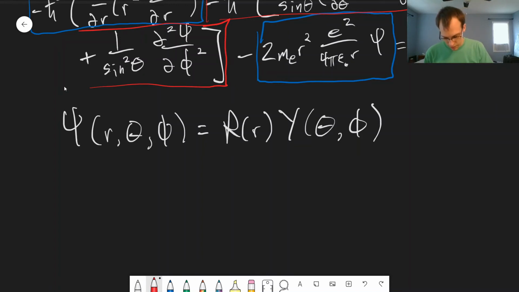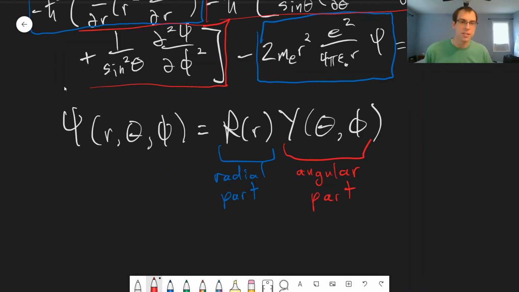This is called the radial part of the wave function, since it depends on this radius variable. And we have the angular part, because it depends on the two angles that we have defined for our system, theta and phi. And we can solve each of these separately.